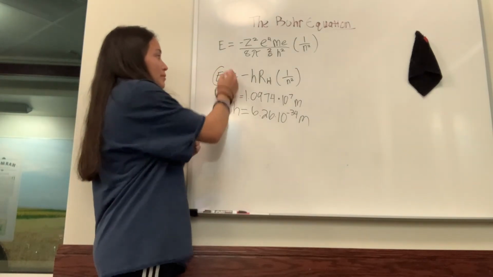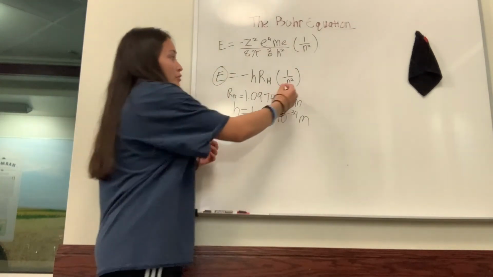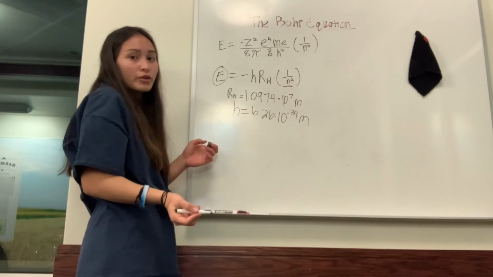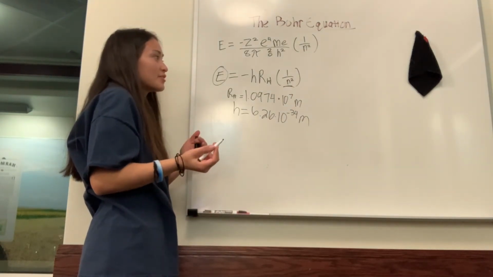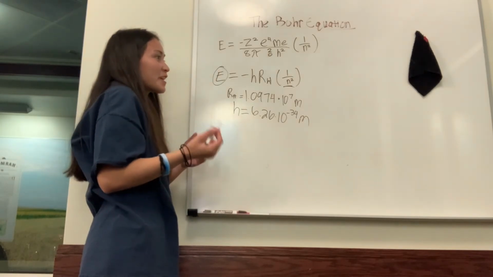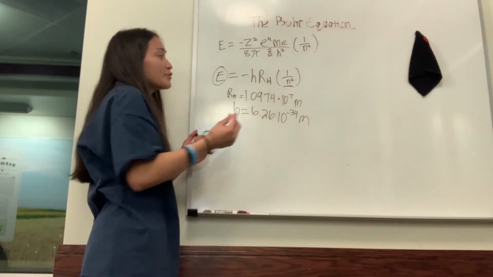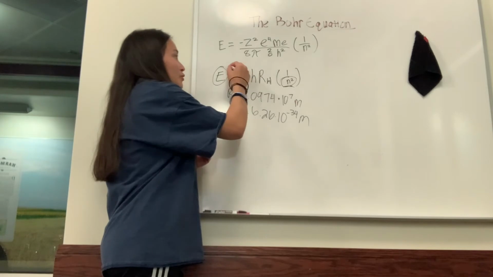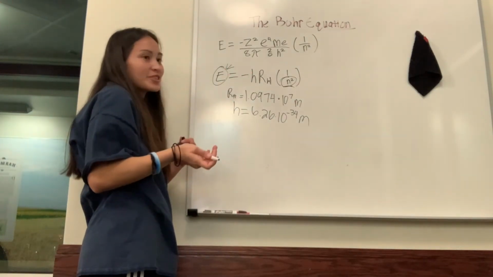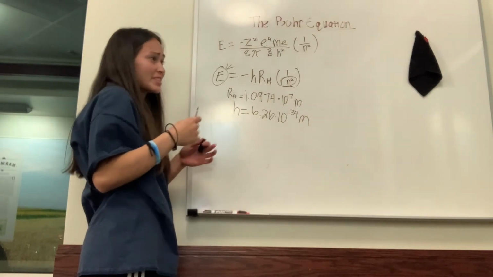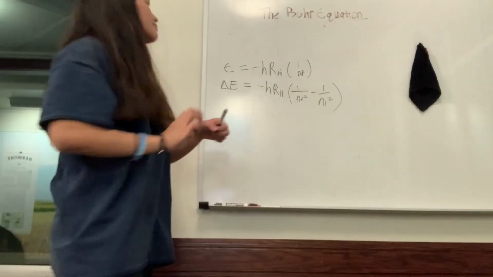If you know the E and you're solving for n, then you can solve for what energy level you're at. And if you know n, then you can solve for E and know how much energy is in the certain state that you're in right now.